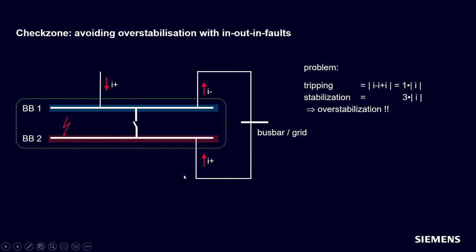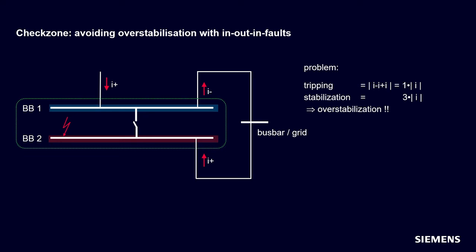In this case, the differential current would be the current flowing to busbar 1 in the first feeder, minus the current flowing away from busbar 1 in the second feeder, plus the current flowing towards busbar 2, which equals 1 time the current measured in all three bays. The stabilization current would be 3 times this current if you calculate it the same way as for the selective busbar differential protection.